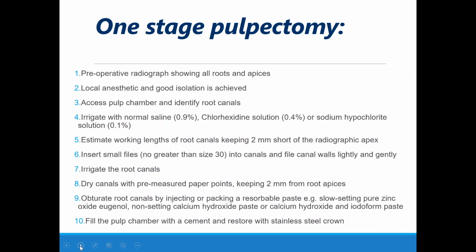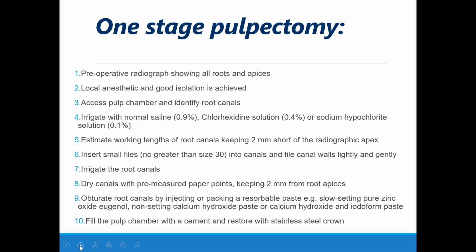For example, slow-setting pure zinc oxide eugenol, non-setting calcium hydroxide paste, or calcium hydroxide and iodoform pastes, for example Metapex, Vitapex, and so on. Fill the pulp chamber with cement and restore with a stainless steel crown.